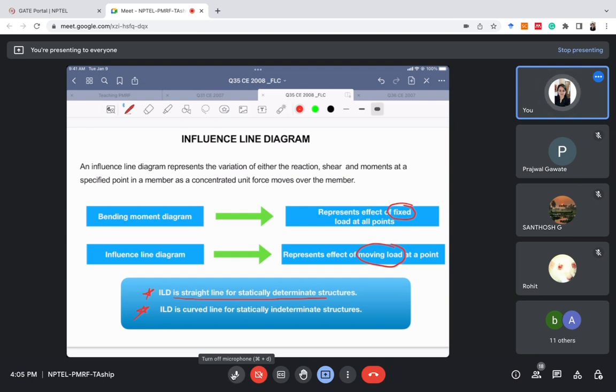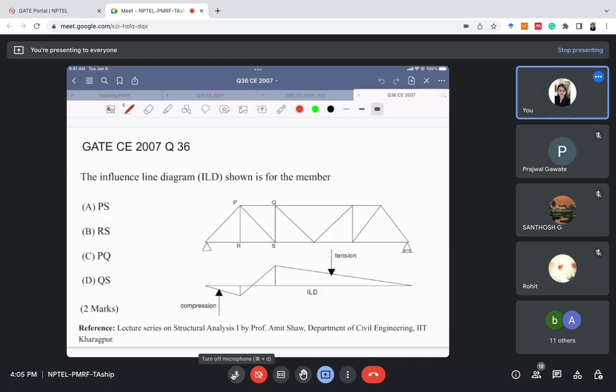Now we'll start with solving GATE problems of influence line diagrams for trusses. So it is GATE CE 2007, question number 36. The truss is given to us, and this influence line diagram is given. We have to tell which member this influence line diagram belongs to. Four options are given.